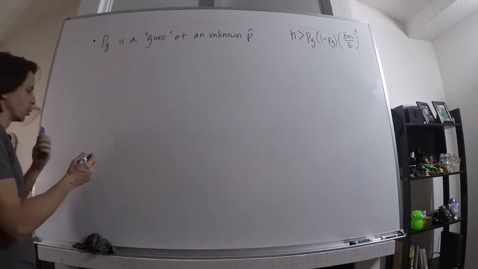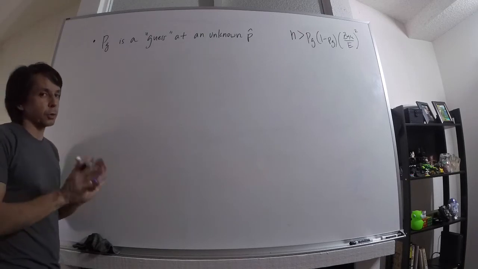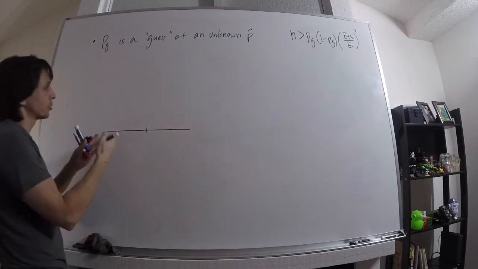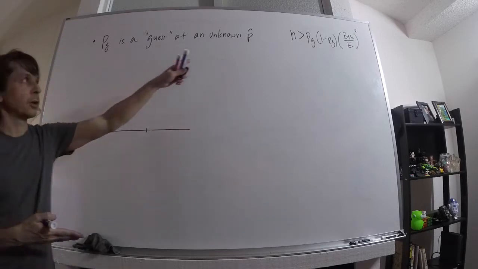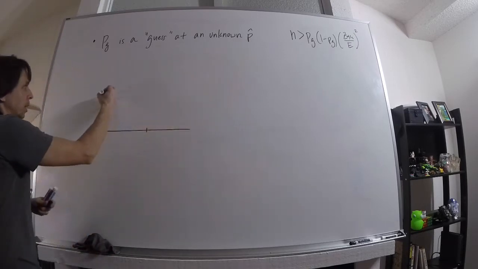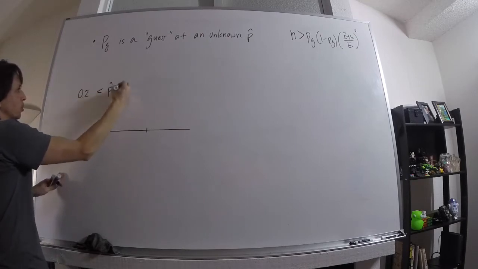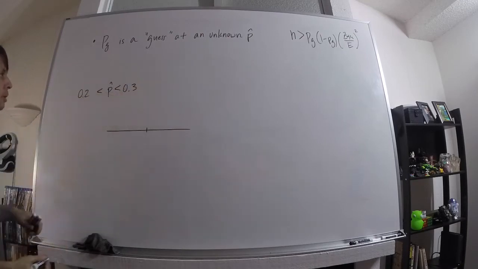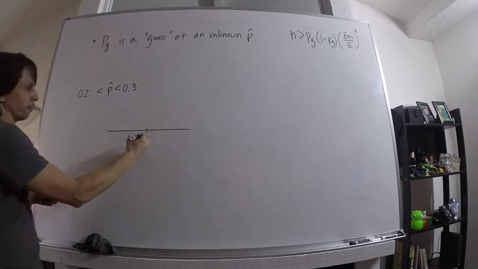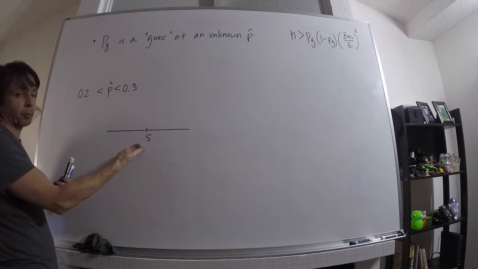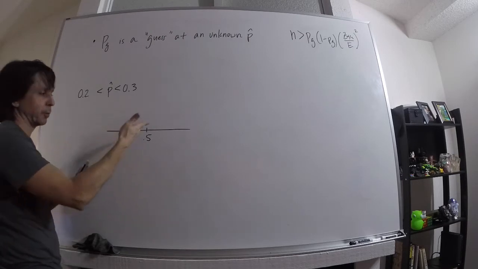There is a rule for it, which I'm going to go over briefly, but then don't even worry about it. The idea is you pick, if you know some sort of a range for an unknown P hat, and for some reason you know that P hat happens to be between 0.2 and 0.3. Let's say you know that. You're supposed to pick the value closest to 0.5. 0.5 for P hat means 50% support the president, 50% don't.